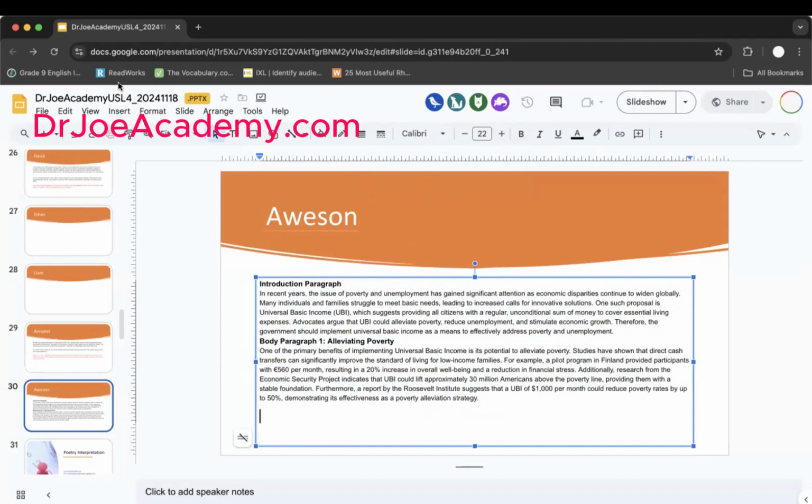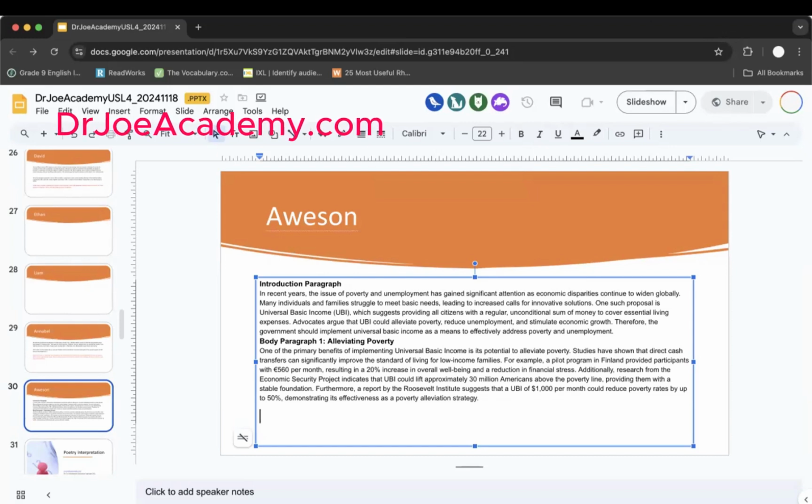Intro paragraph. In recent years, the issue of poverty and unemployment has gained significant attention as economic disparities continue to widen globally. Many individuals and families struggle to meet basic needs, leading to increased calls for innovative solutions. One such proposal is Universal Basic Income (UBI), which suggests providing all citizens with a regular, unconditional sum of money to cover essential living expenses.